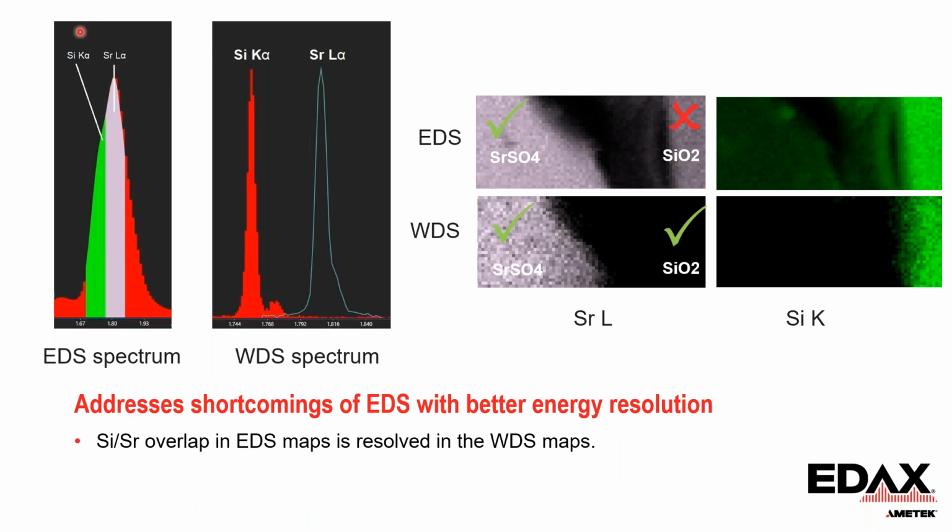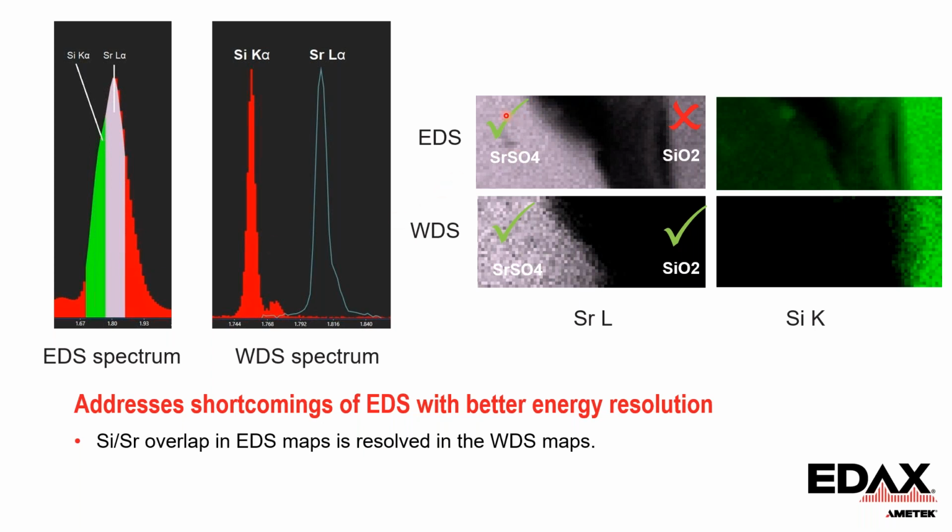This is another example of resolving peak overlap using WDS. In this EDS spectrum, we see the silicon K and the strontium L are heavily overlapped. Basically, they are sharing the same region of interest for the EDS mapping.